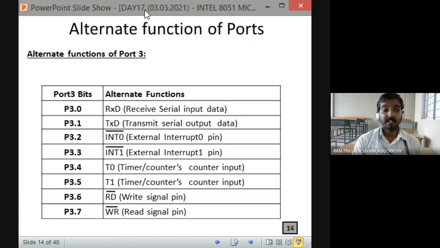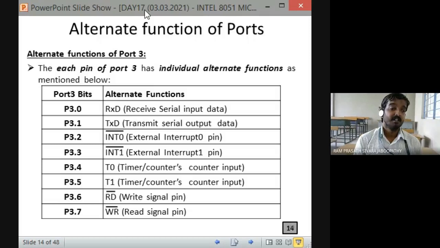So these are the alternate functions of port 3 pins. Each pin of port 3 has an individual alternate function, whereas port 0 and port 2 have a common alternate function. The entire port can be used as the address data bus, correct? Whereas in port 3, each pin has its own individual alternate function. Fine. Kindly take a screenshot of this.